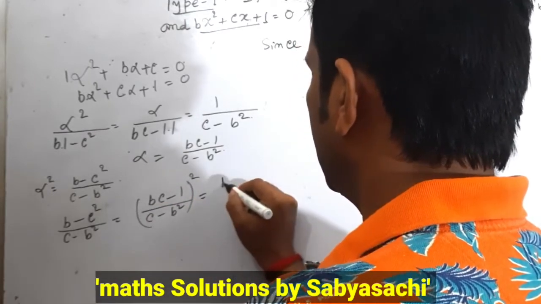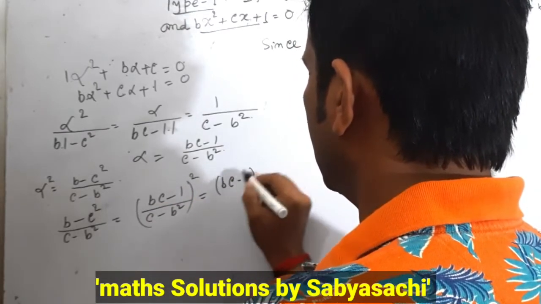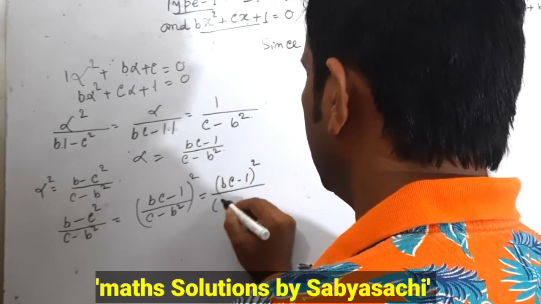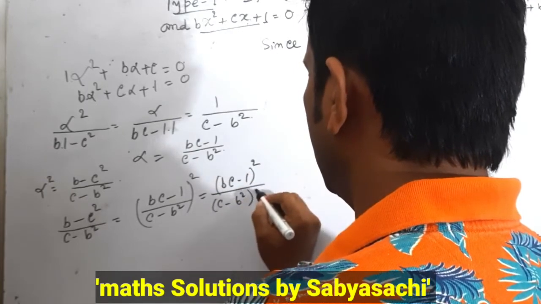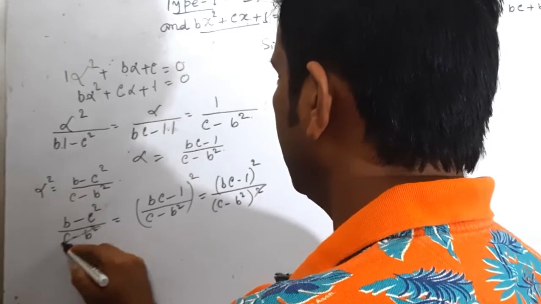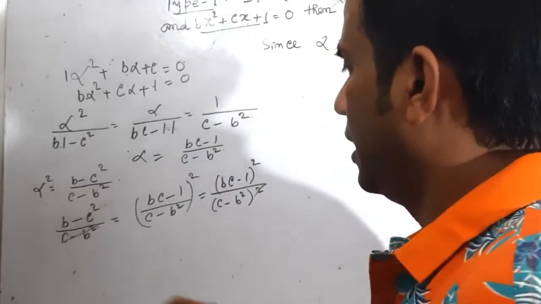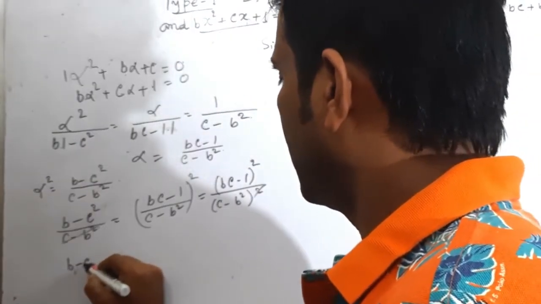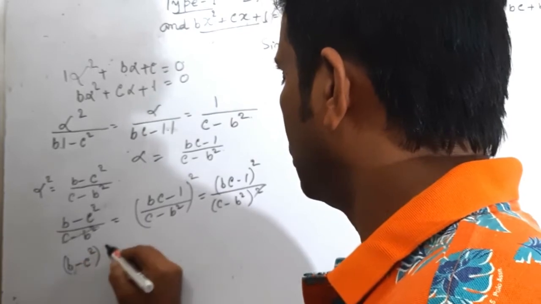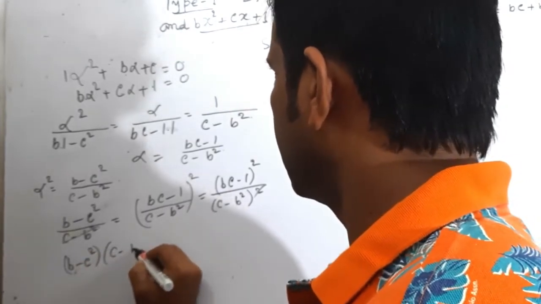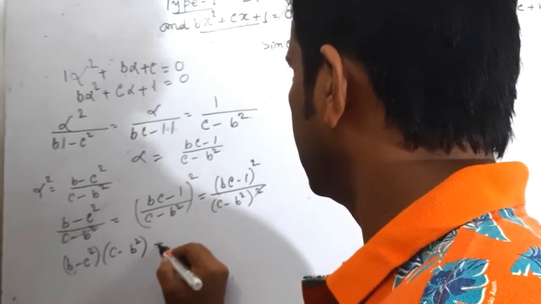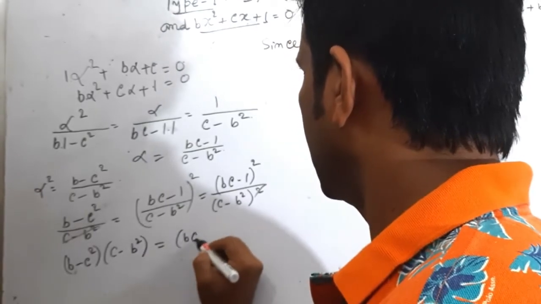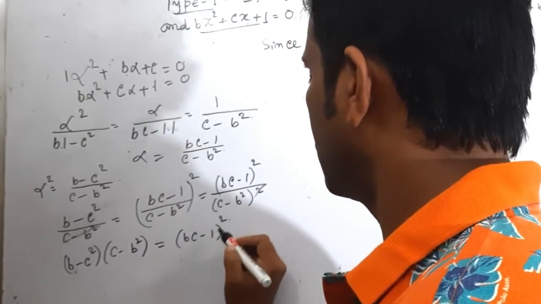Now cancelling, we get b minus c square into c minus b square is equal to bc minus 1 whole square.